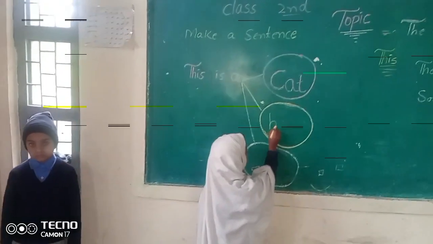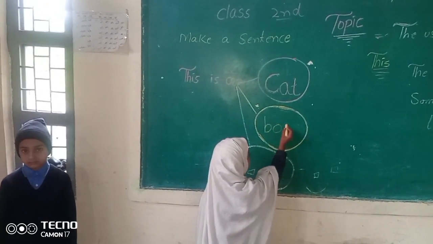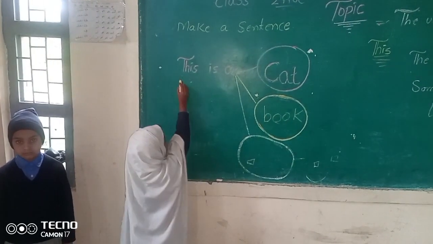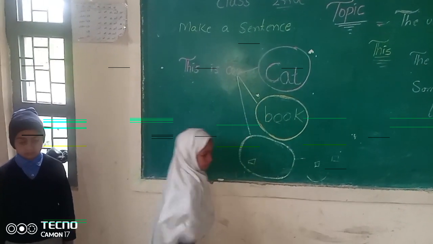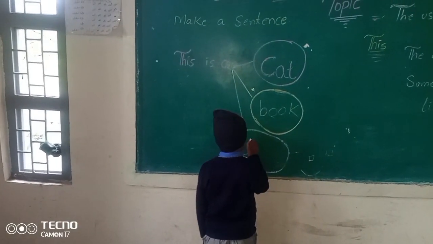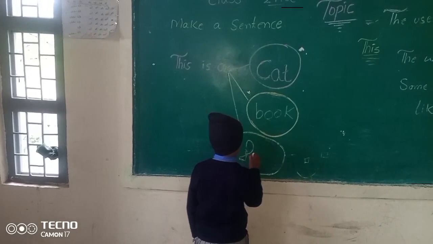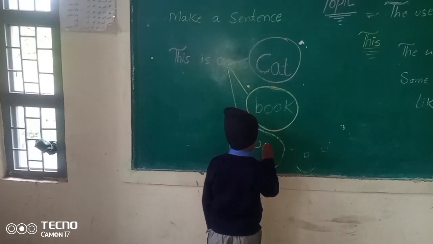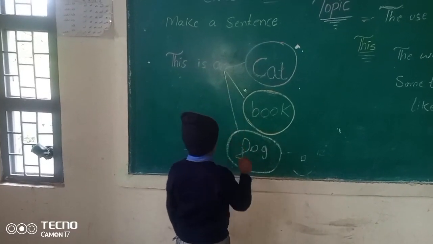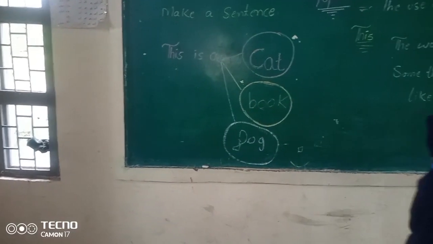B-O-O-K, book. This is a book. Good. Next. D-O-G, dog. This is a dog. Good.